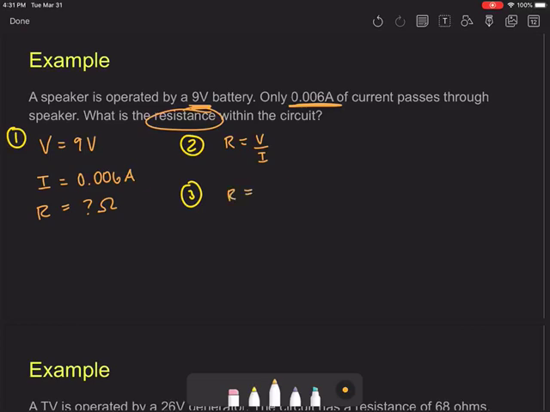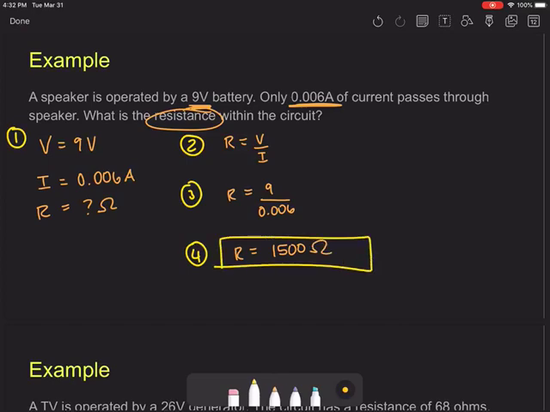So we have R is equal to 9 volts over 0.006 amps. And our last step is we're going to plug that into our calculator, and we get 9 divided by 0.006. We should get 1,500, and we have units there. We're going to box our final answer, and we're going to call it a day.